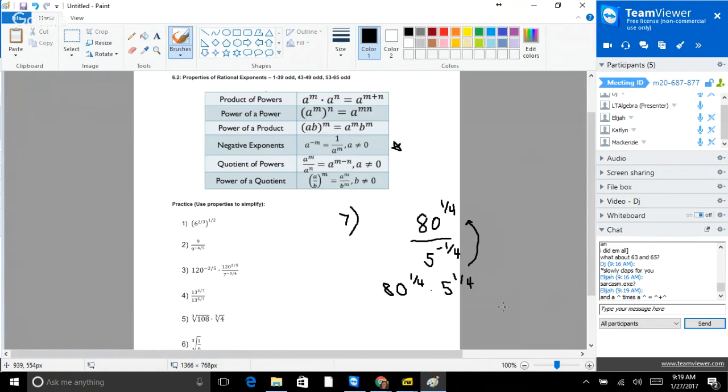Okay, so then Elijah says, with an exponent times another exponent, you add the exponents together, right? I like what you're saying, Elijah. However, you've got to read the rules carefully because we have to have the same base. See how they both share a base of a to be able to add them together?